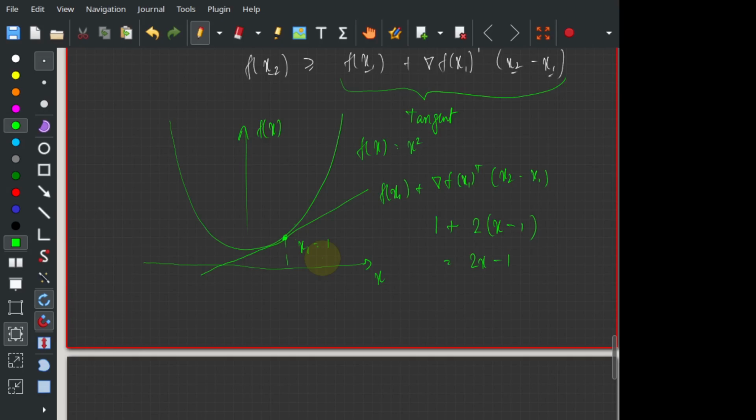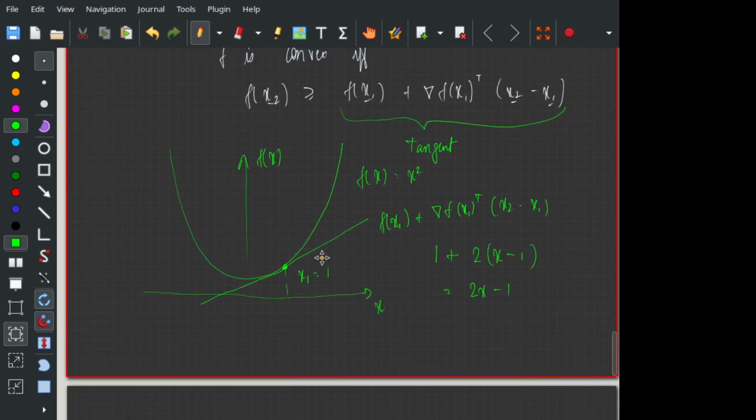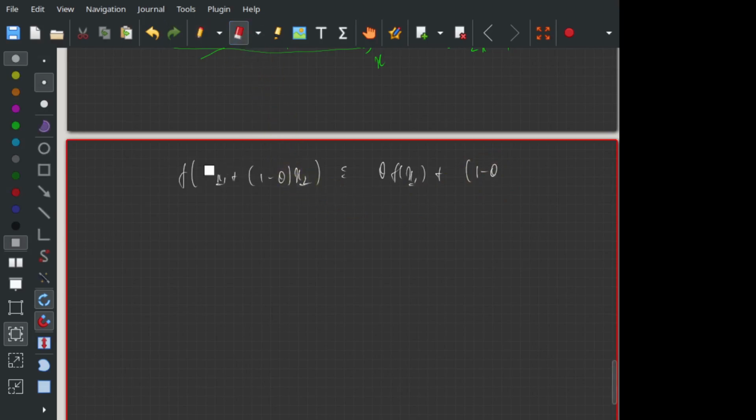Okay, so that's the intuition, but how do we prove this? Let's use the basic definition of convexity. So let's take x1, x2, and some arbitrary theta.